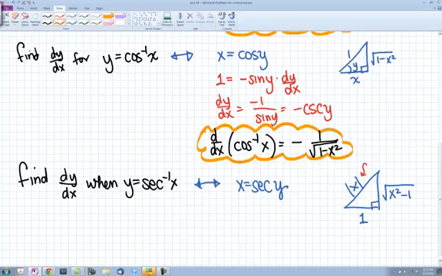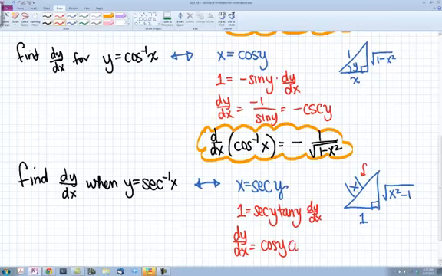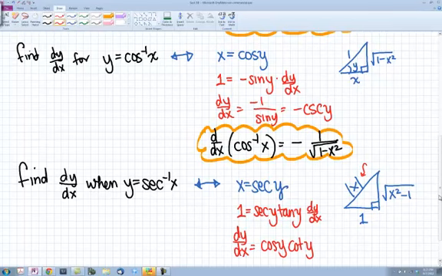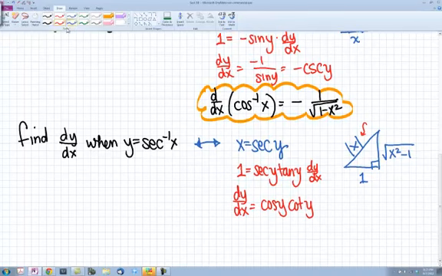All right, so let's take the derivative of this. The derivative of x with respect to x gives us 1. Now the derivative of secant y. Do you remember the derivative of secant? It is secant tangent, then our dy/dx. Which means dy/dx is going to equal, when you divide by secant, you get a cosine, and when you divide by tangent, you get a cotangent y. Now let's go back to our triangle again.